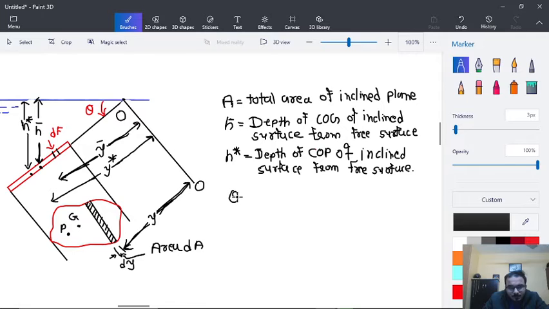Now theta is equal to angle made by plane of inclined surface with free surface.